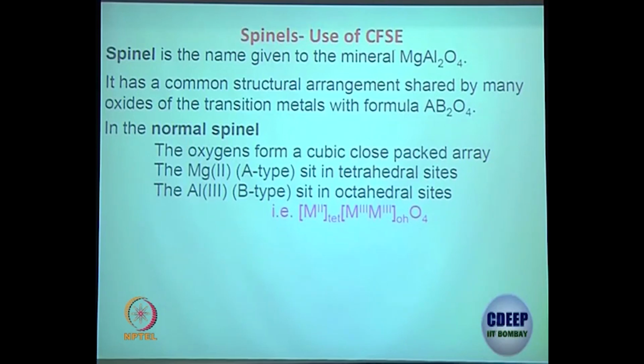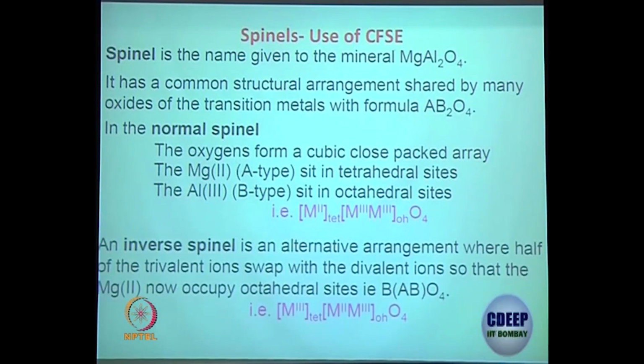If this is the case, this is normal spinel. If the other way around, if one of these octahedral M3 plus has to be pushed out from the octahedral site to the tetrahedral site, that will be called inverse spinel.